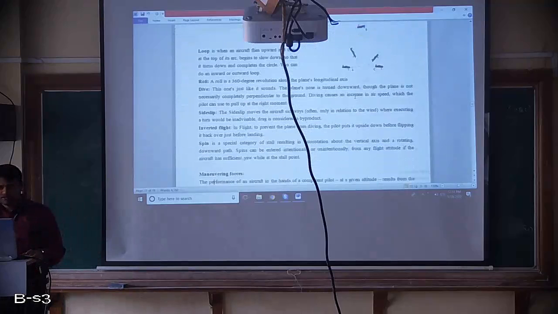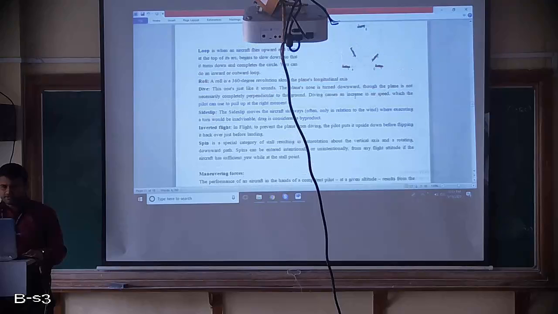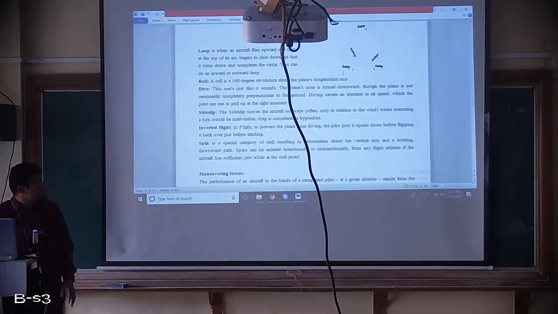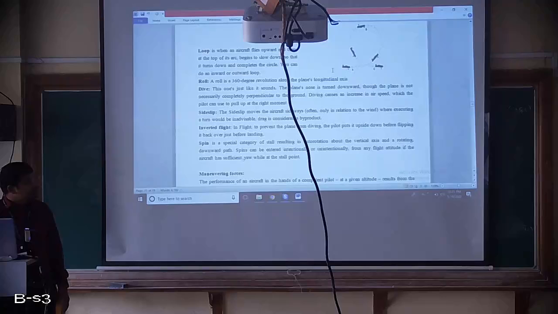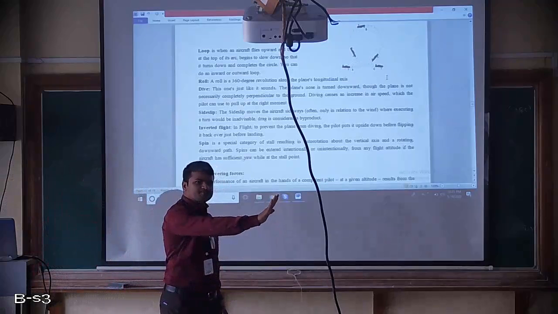So this is done. So now loop. In this diagram, we can see what a loop is. A loop is when an aircraft flies upward and then at the top of its arc begins to slow down so that it turns down and completes a circle. You can do an inward or outward loop. In this diagram, the aircraft is flying in the upward direction.